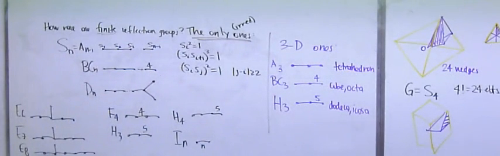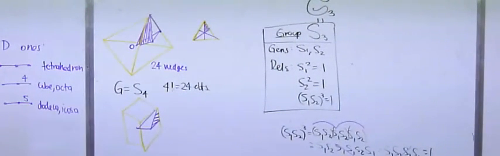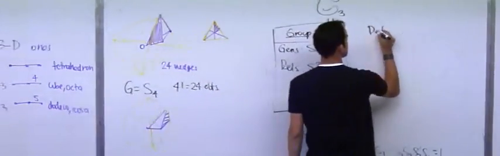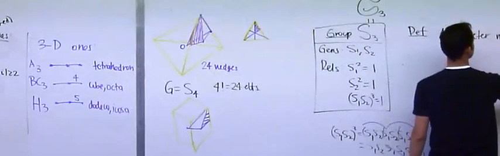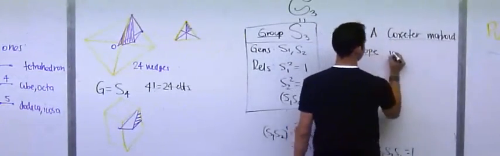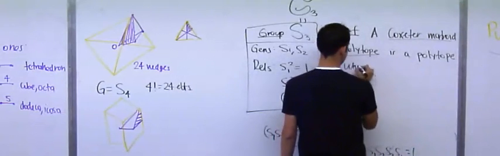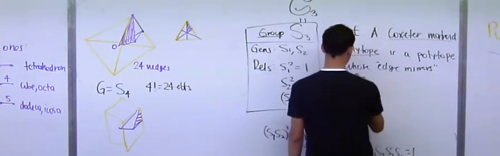And so that brings me to a definition. A Coxeter matroid polytope is a polytope whose mirrors, let's call them edge mirrors, generate a finite group.